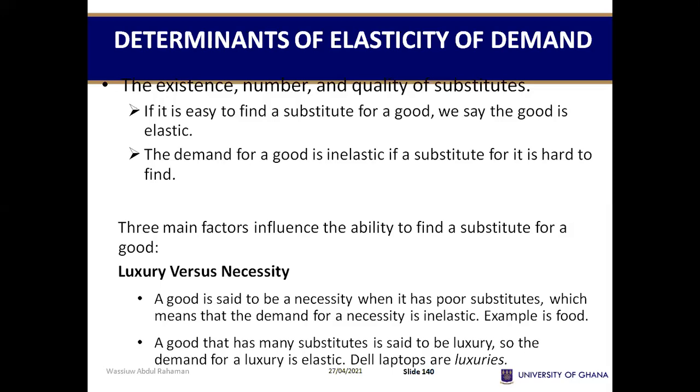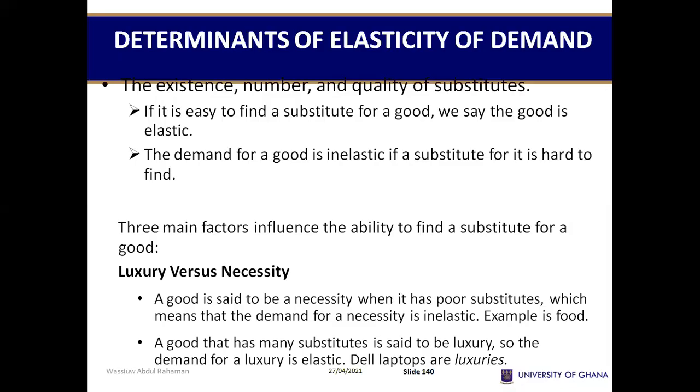Yes, you can use any of the formulas. You can use the percentage change, or the change in quantity over change in income times income over quantity. But if you're using that, the income over quantity should be the initial values.